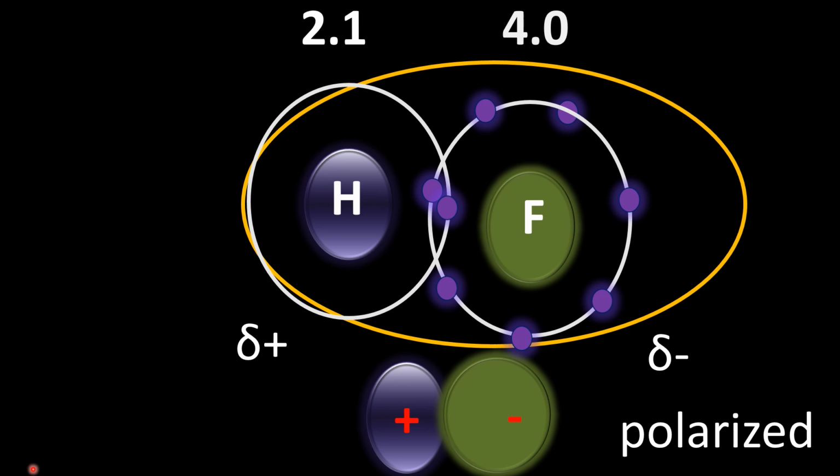It's a polar molecule because there is a separation of positive and negative charges. Electron density moves more towards the fluorine, so electrons are on the fluorine side as compared to the hydrogen. So the fluorine side is negative and the hydrogen side is partially positive. So this molecule, hydrogen fluoride, is polarized.